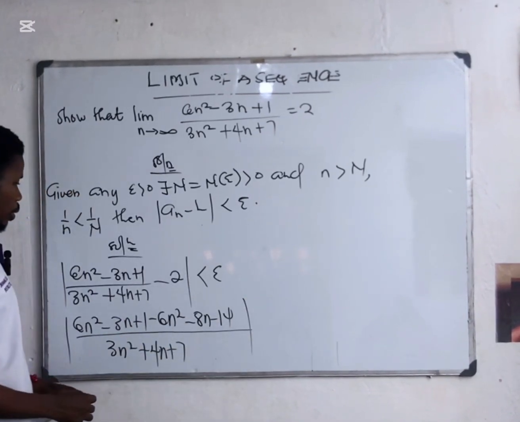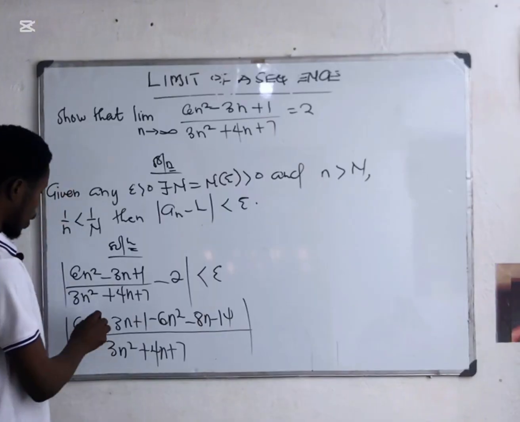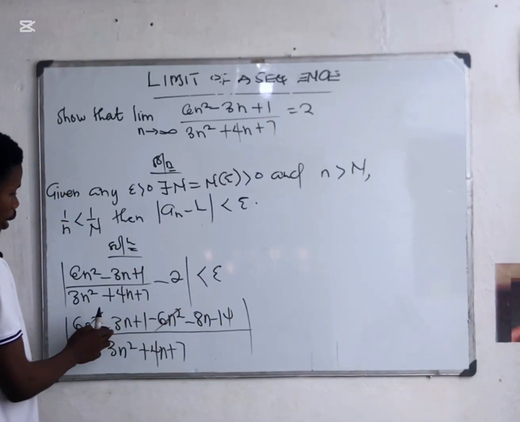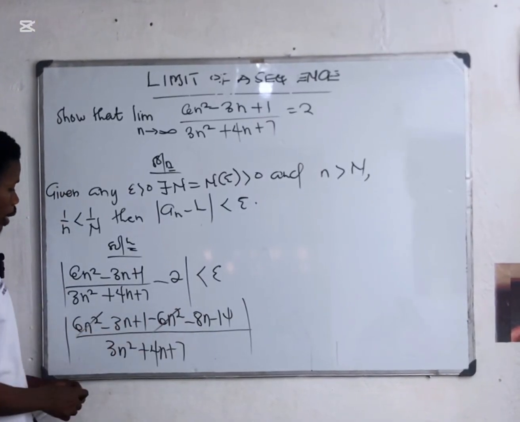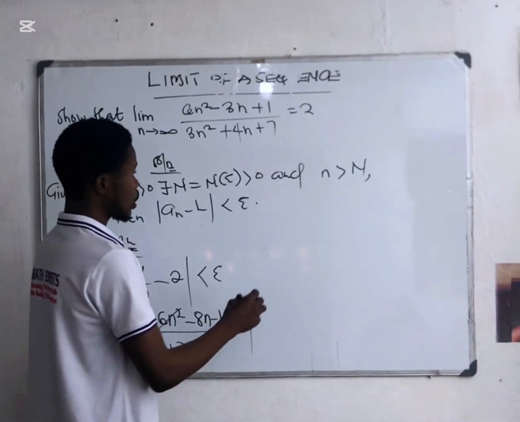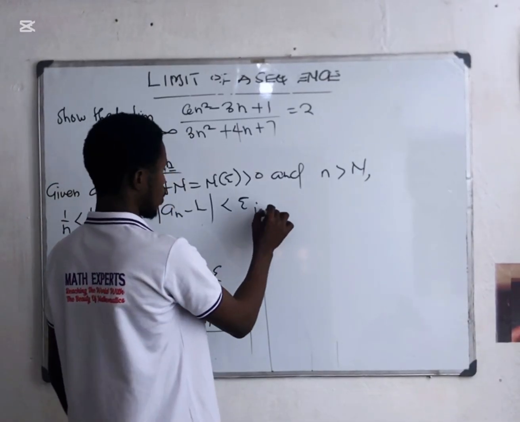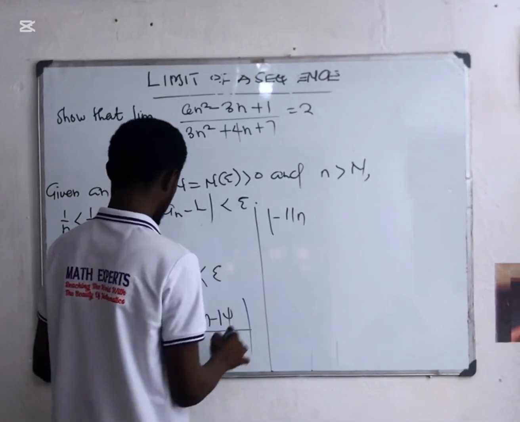Straight away, you realize that minus 3n minus 8n gives you minus 11n. So we're going to have minus 11n.